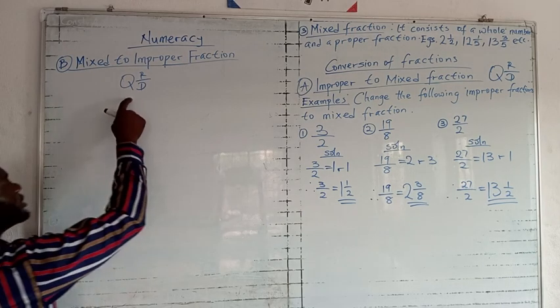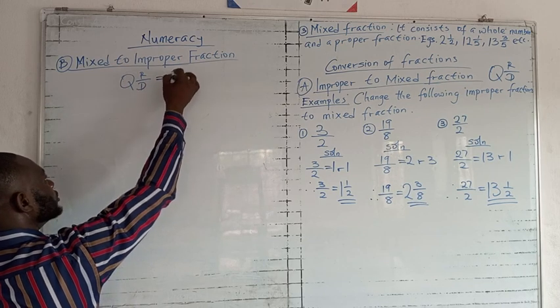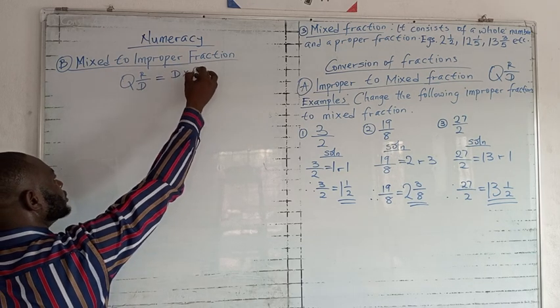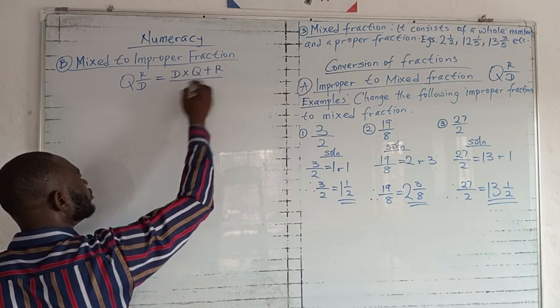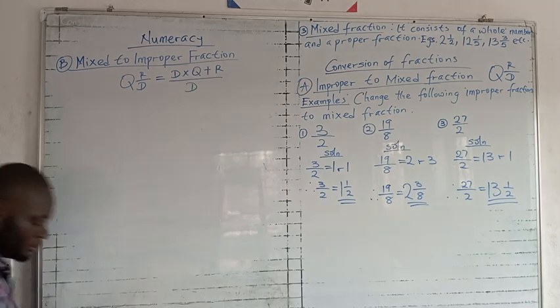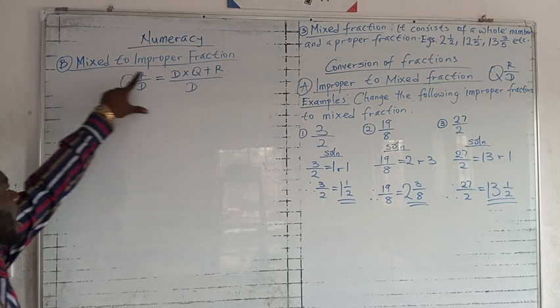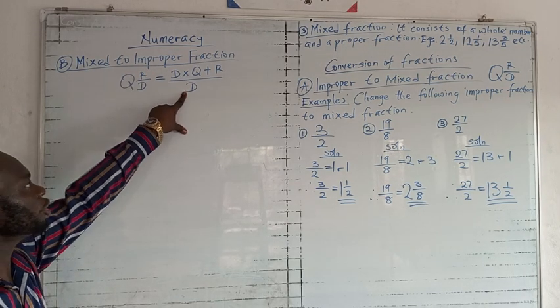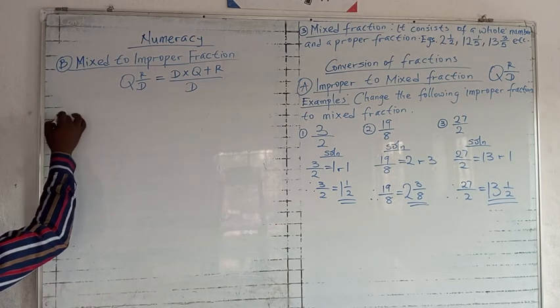Now, to express this back to improper fraction, it will now become denominator times quotient plus remainder all over denominator. So you simply use the denominator to multiply the quotient, add the remainder, all over what? The denominator. So let's have some examples.